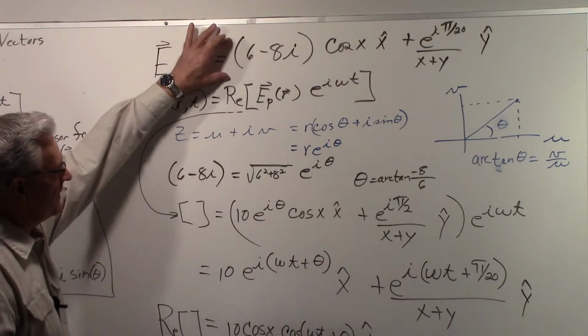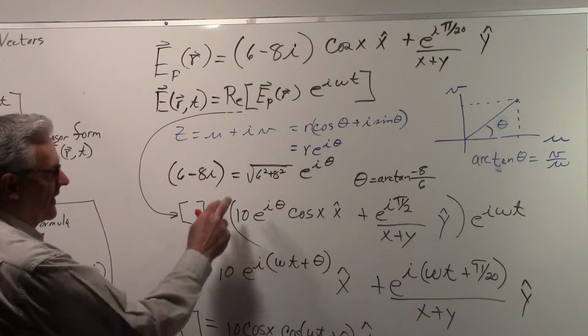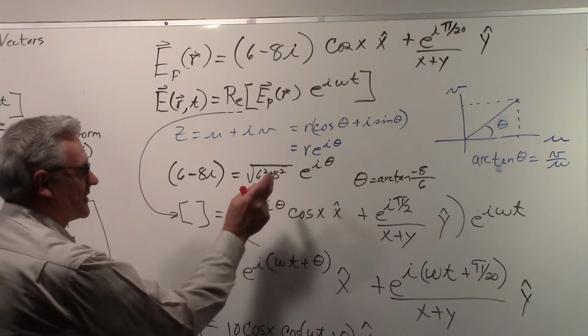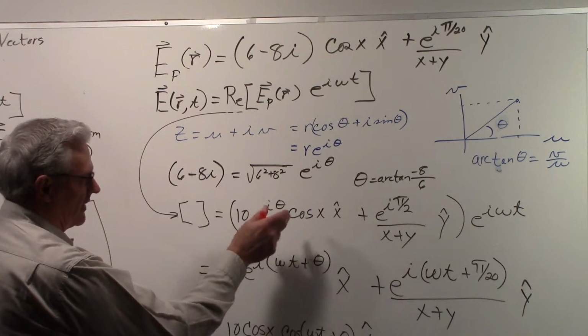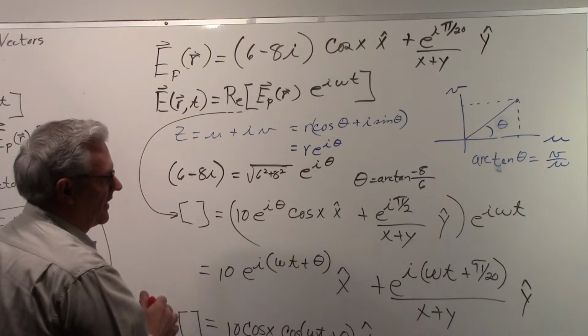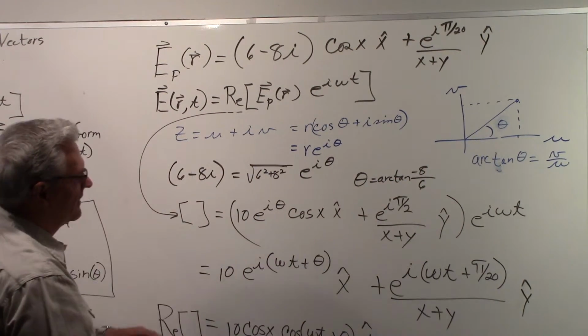So for our case here, we have 6 minus 8i. That's equal to the square root of the sum of the squares of these two numbers. 36 plus 64 gives me 100. Square root of 100 will give me 10. And e to the i theta, where theta is the arctan of minus 8 over 6.